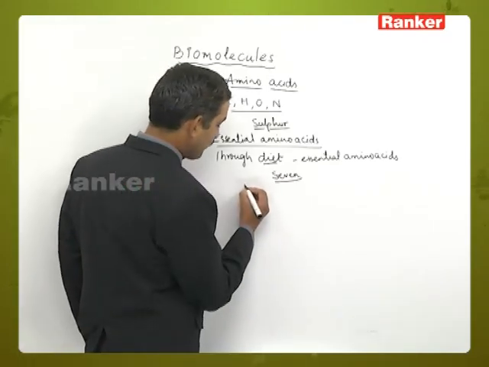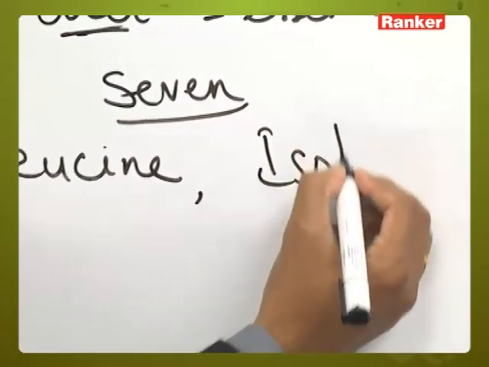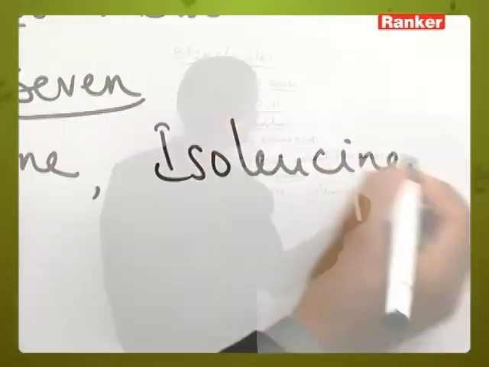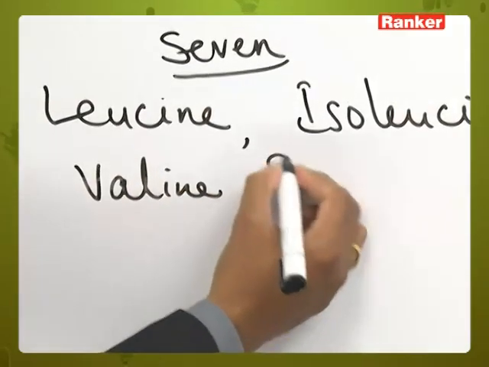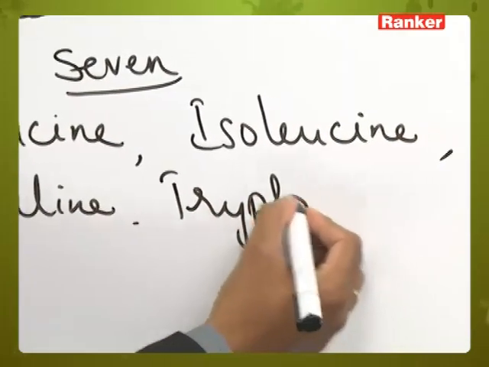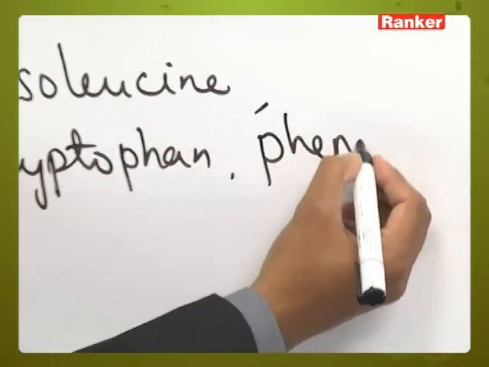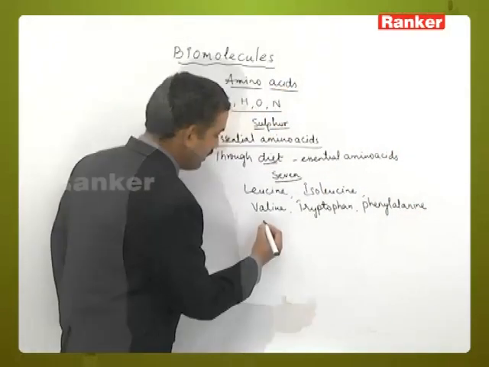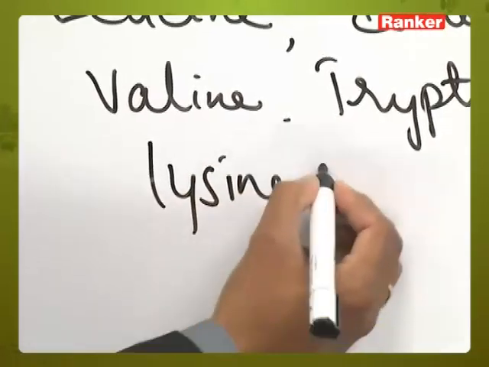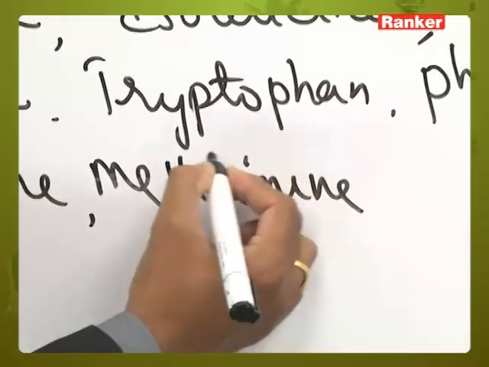Those are leucine, isoleucine, valine, tryptophan, phenylalanine, lysine and methionine.